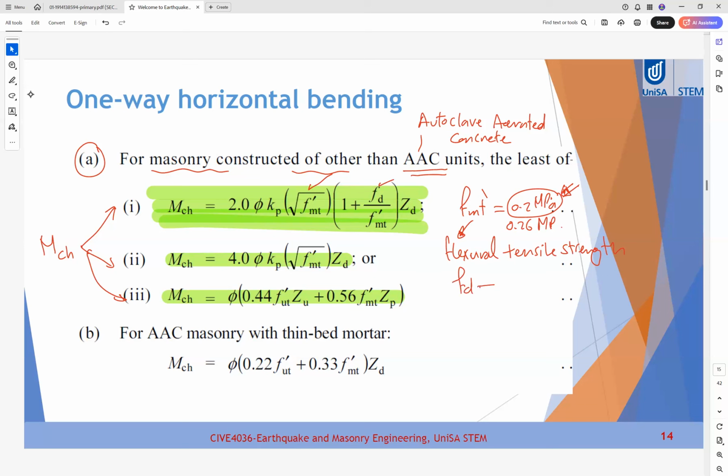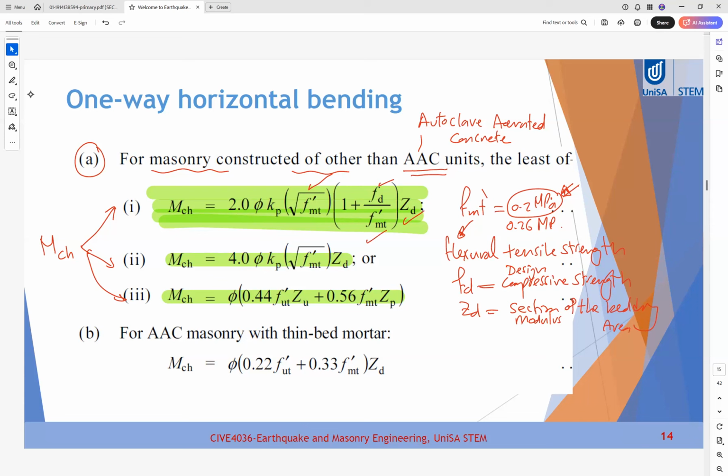What is FD? FD was the compressive, or design compressive strength. And ZD was the section modulus of the bedding area. So these three we have used earlier in the first example.